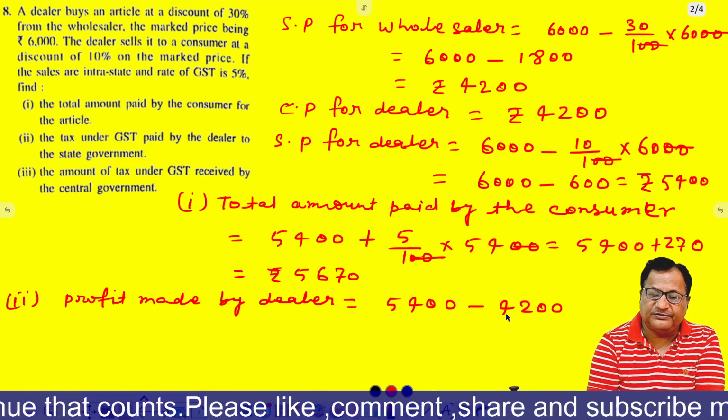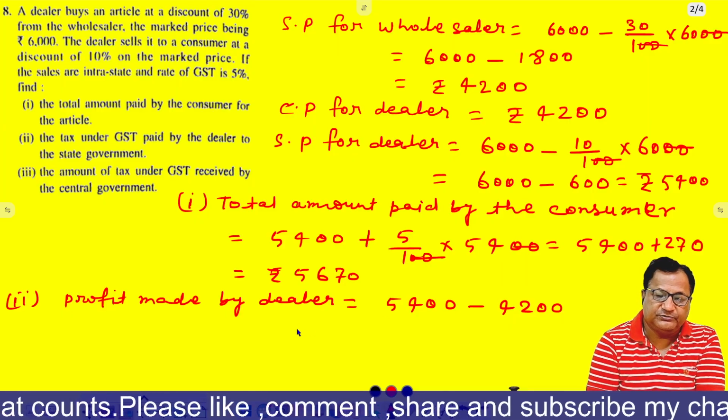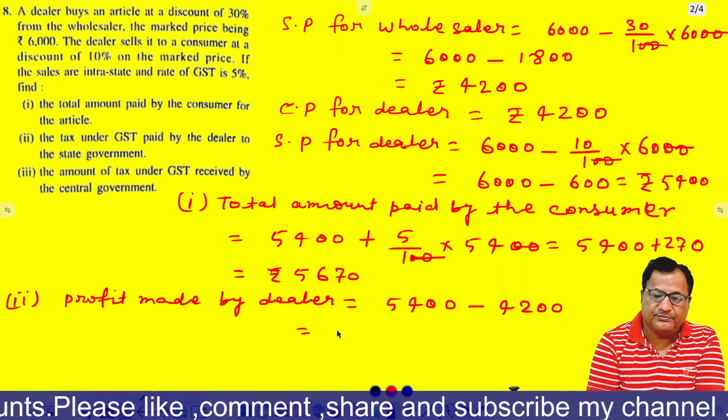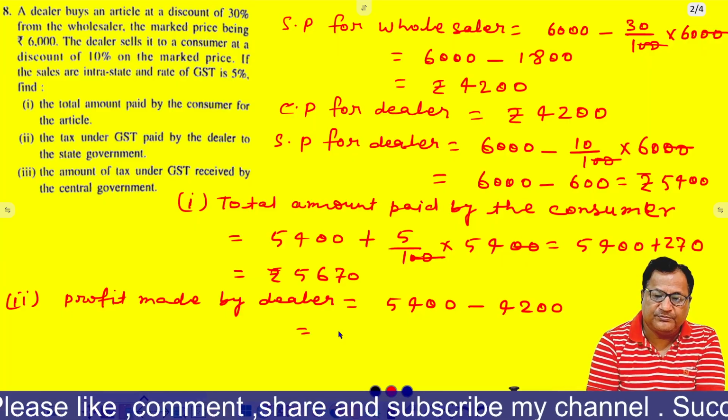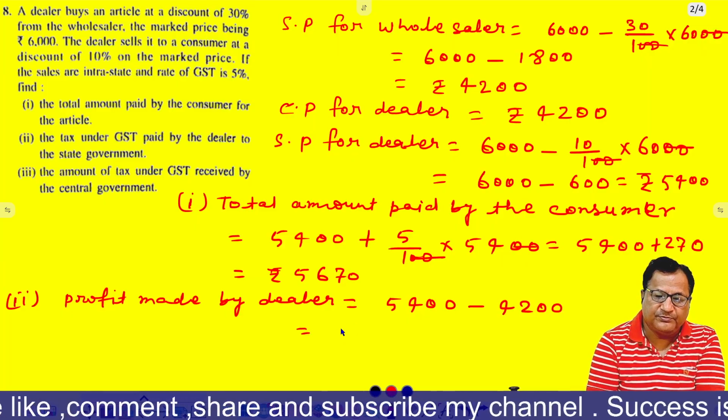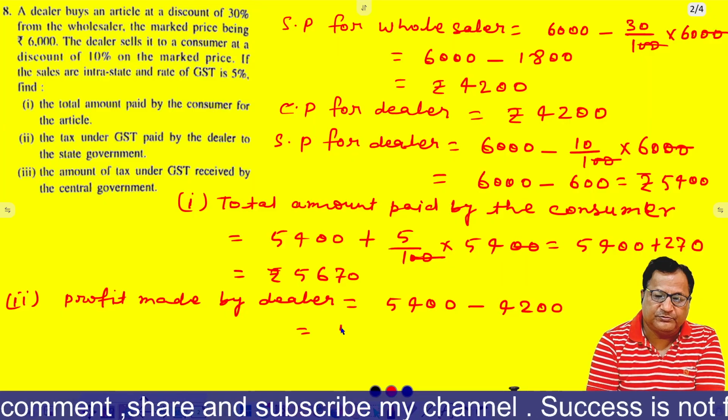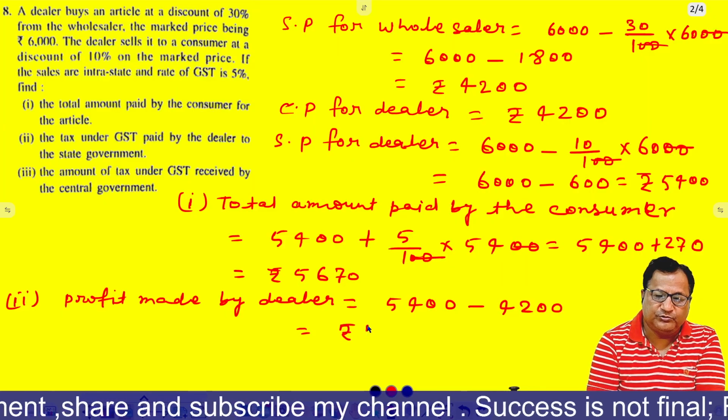This is the selling price and this is the cost price. So profit is rupees 1,200.